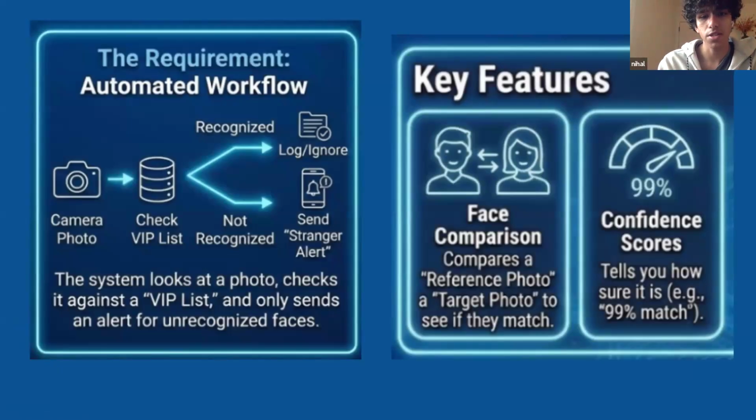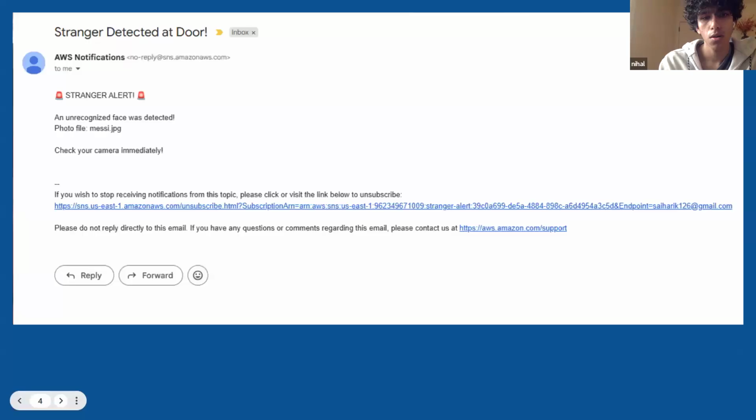Then there are the confidence scores, which tell you how sure it is. This is a picture of our conclusion, the alert that the program sends to us.